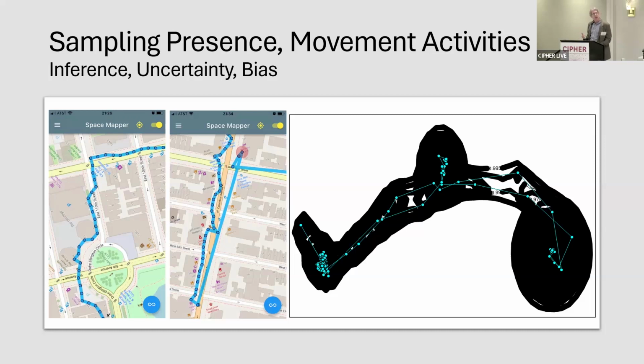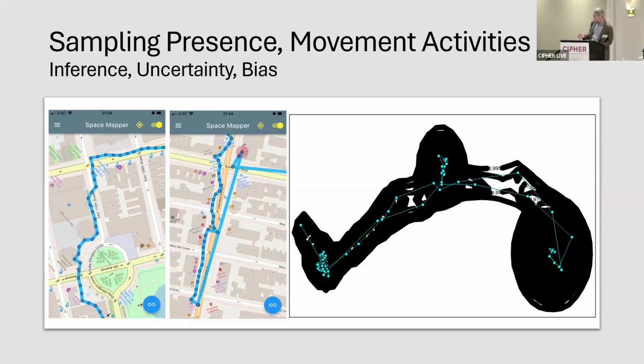And that's done based on some algorithm which you can choose, either a regular time interval or some sort of dynamic sampling where the time interval depends on velocity, so that you get more of a constant distance between points as opposed to a constant time between points. But no matter what, you're going to end up having to make inferences.